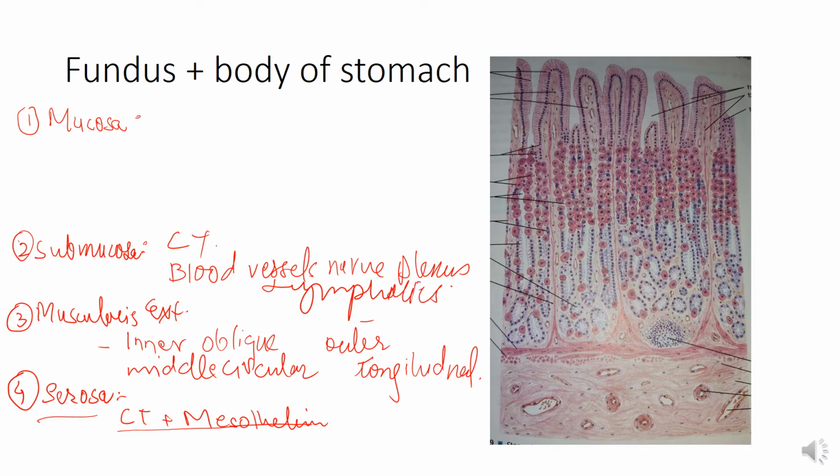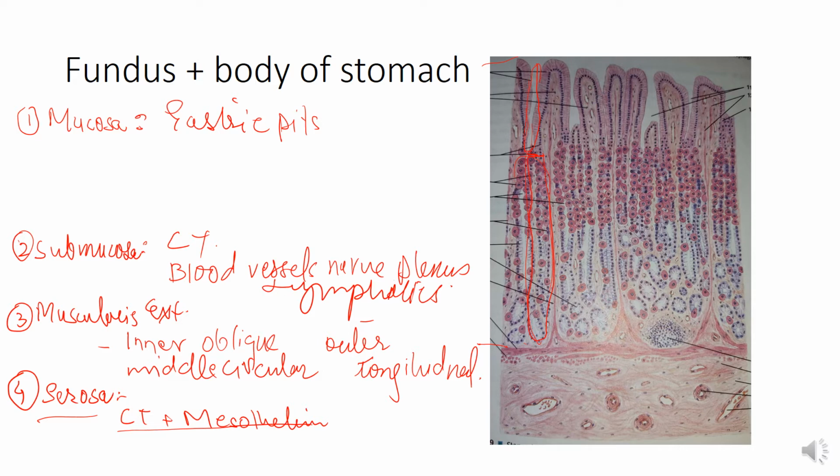Okay, now coming to the mucosa of this region, there are two features to be differentiated from the other regions. Number one is the gastric pits. Now here you can see in this picture the gastric pits are shorter while the glands are longer. You can see two-thirds consists of gland, of the whole thickness of mucosa, while the gastric pit consists of one-third.